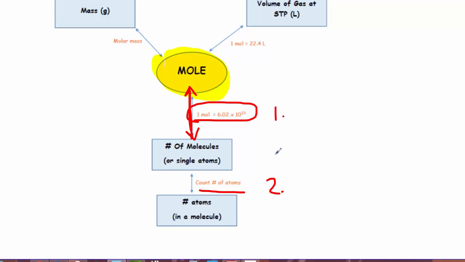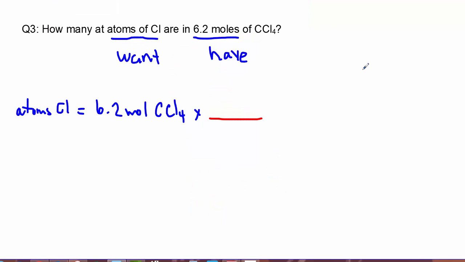So the first one is going to be that there is, in 1 mole, okay, there is 6.02 times 10 to the 23 molecules. And the second conversion factor we need then is that in 1 molecule of CCl4, there are 4 chlorine atoms.